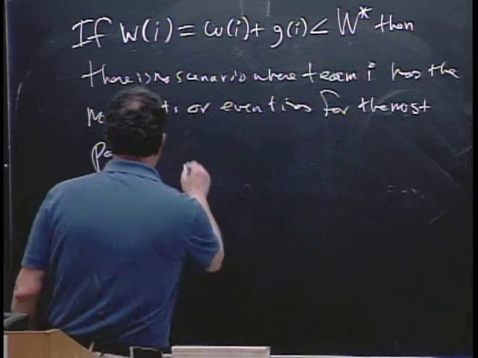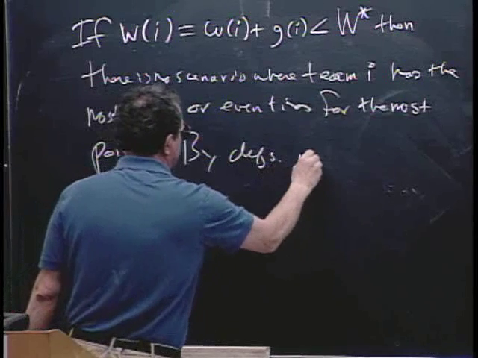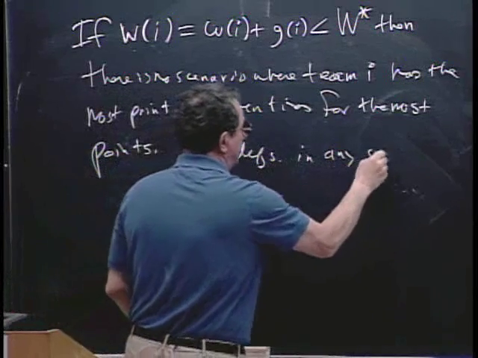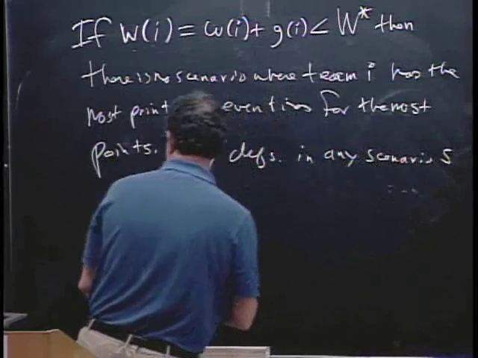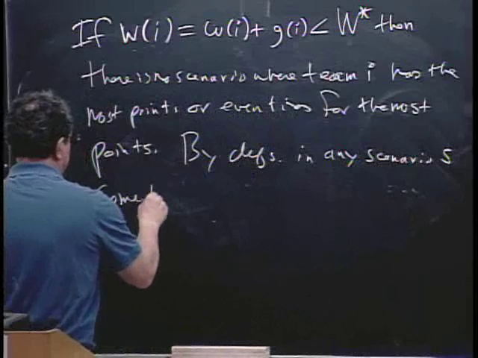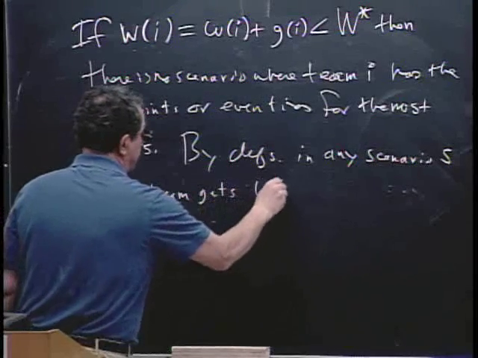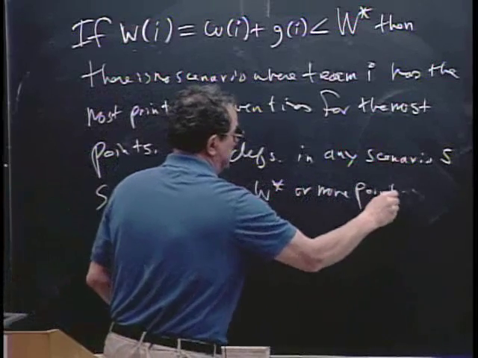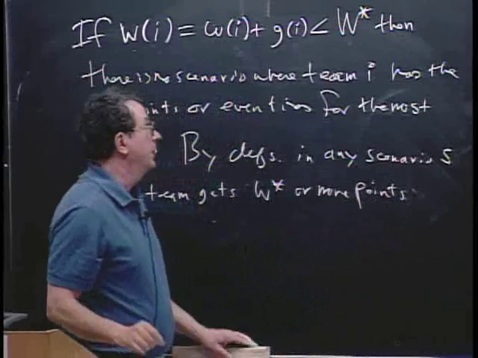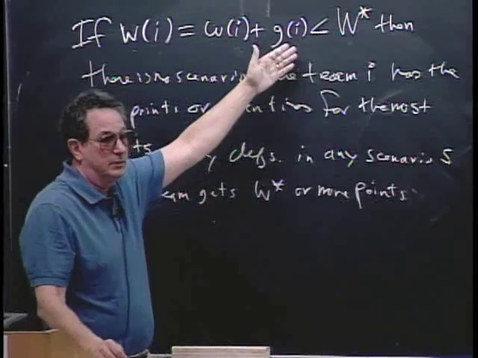Just by the definitions, in any scenario S, some team gets W star or more points. But it can't be I, because the very best thing that I can ever do is strictly less than W star.